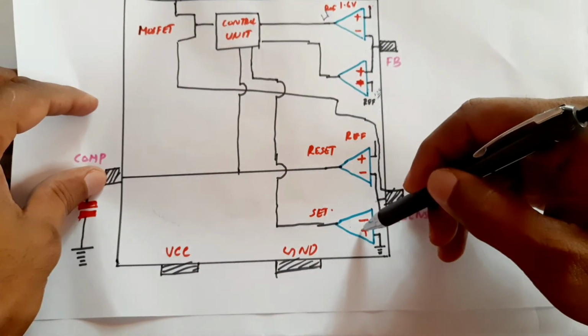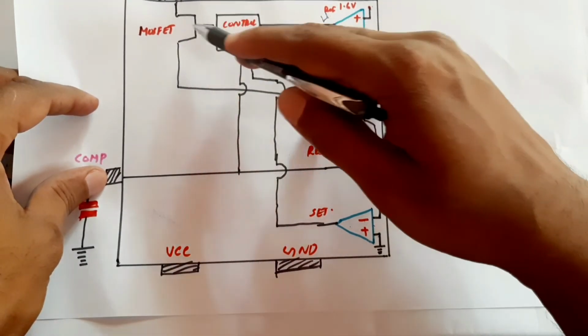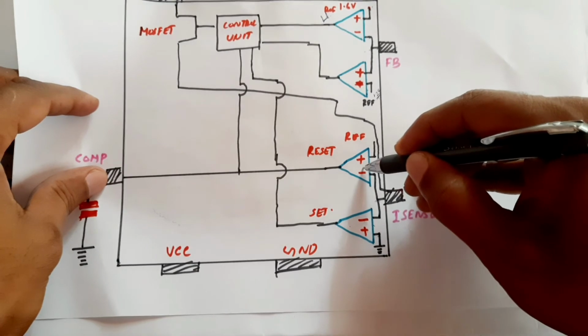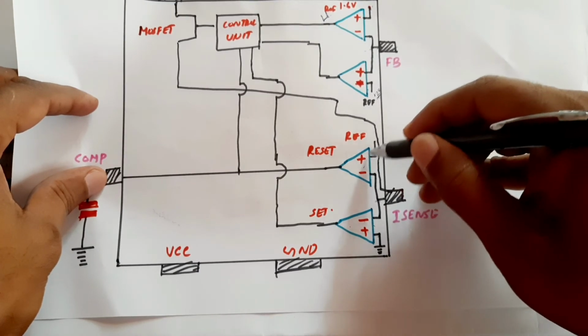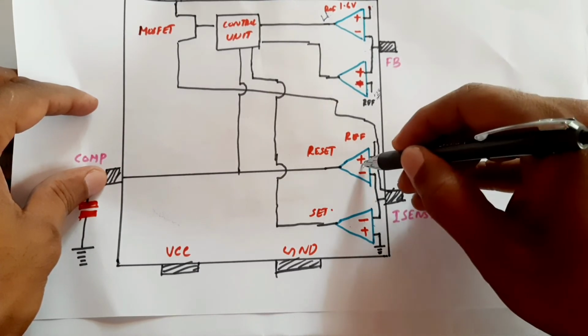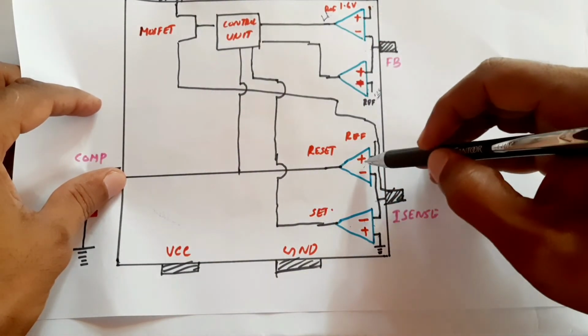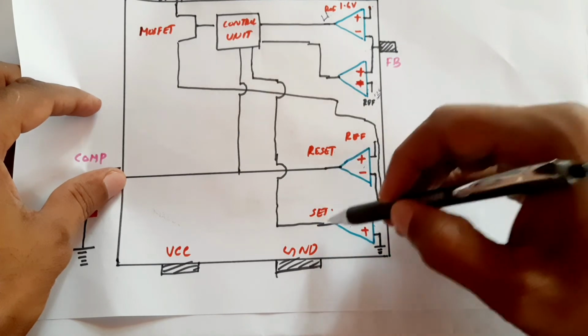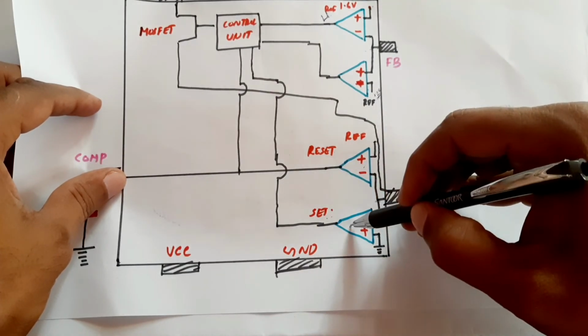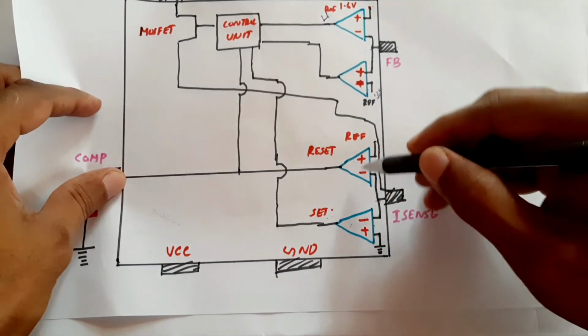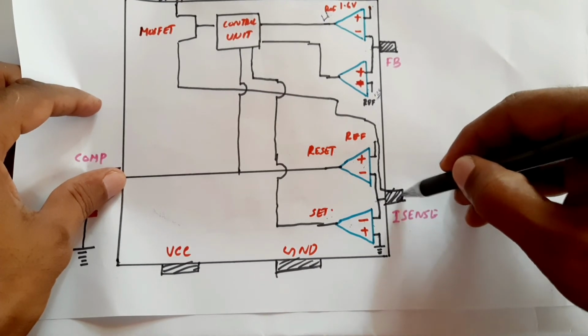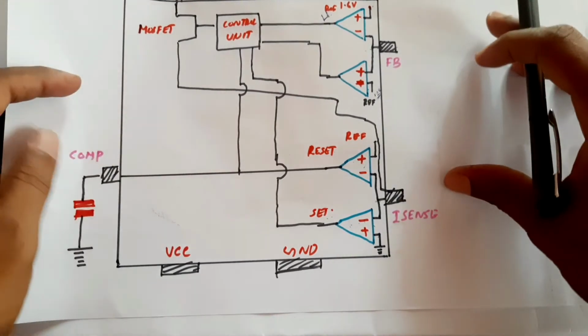When it reaches 0 volt, it tells the transistor to switch on. When it reaches a maximum value fixed by the reference, it tells the control unit to switch off. This is to reset and this is to set. This is to turn on the transistor and this is to turn off the transistor, according to the sensed current.